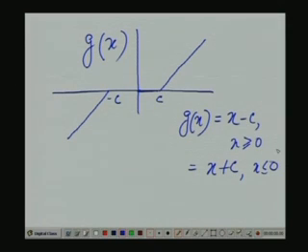Interestingly, you see this function has one zone from minus c to c, where it has got a constant value of 0. This is given, and the other thing that is given is, I go to the next page.